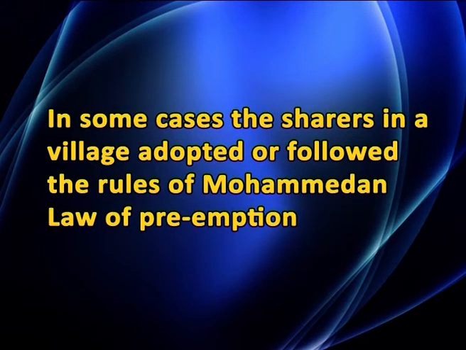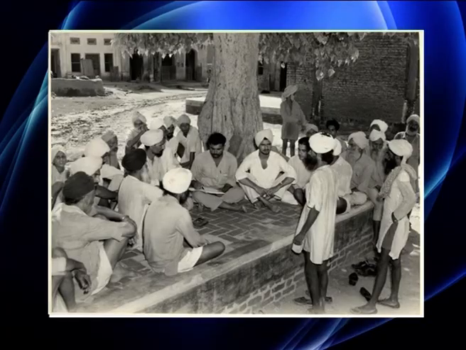In some cases, the sharers in a village adopted or followed the rules of Muhammadan law of pre-emption. In other cases, where a custom of pre-emption exists, each village community has a custom of pre-emption which varies from the Muhammadan law of pre-emption and is peculiar to a village in its provisions and its incidents.